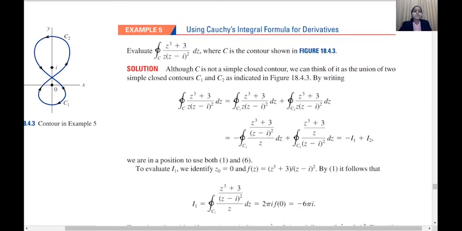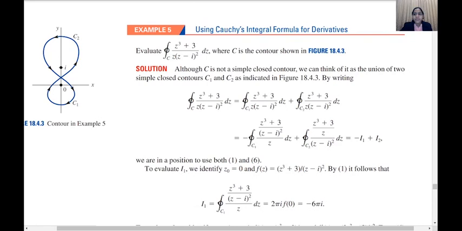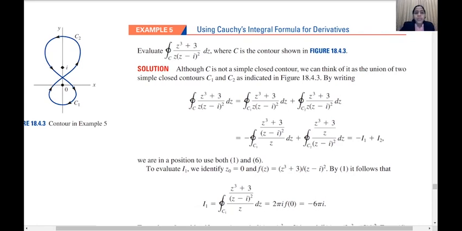We are asked to evaluate the integral of (z cube plus 3) divided by z into (z minus i) whole square, dz, where the contour is given in figure 18.4.3. The points where the function fails to be analytic are z equal to 0 and z equal to i.